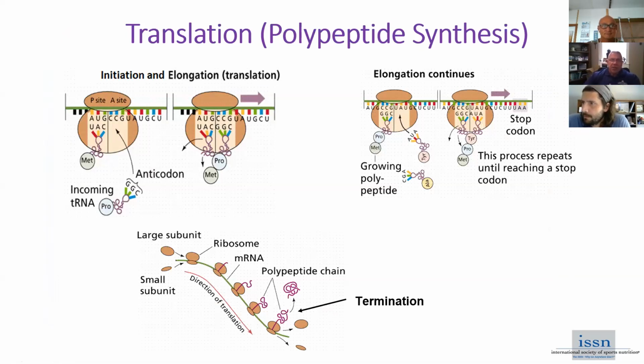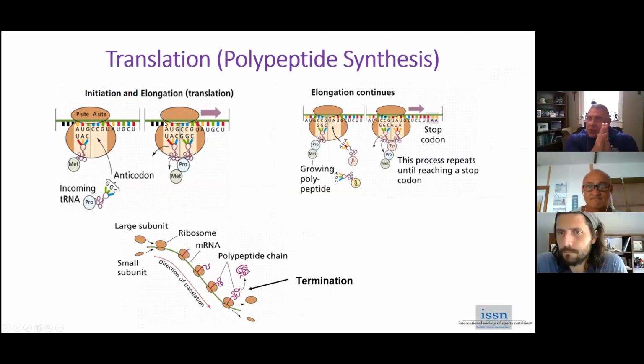So translation is just the process where, when we've created a mature messenger RNA that's ready to be read, or translated, we use amino acids bound with transfer RNA that interact with the ribosomal network, which associates itself on the mRNA and ends up translating or decoding those nucleotide sequences and replacing them with amino acids.